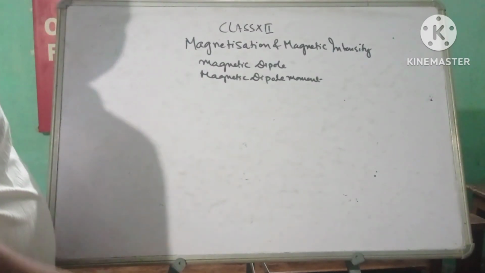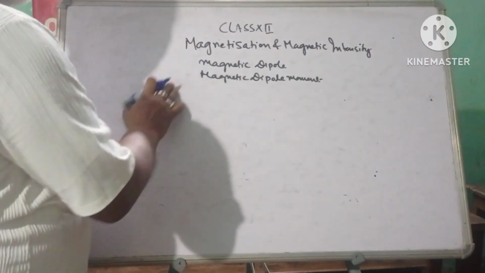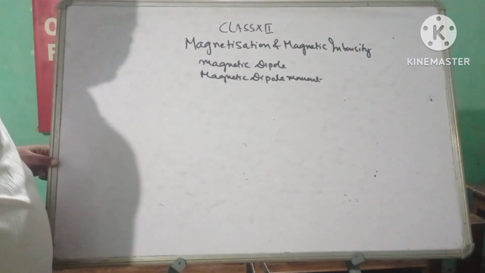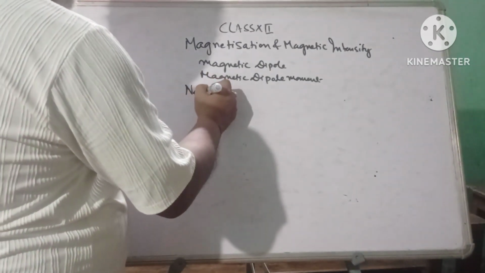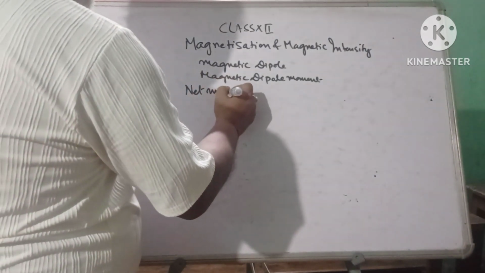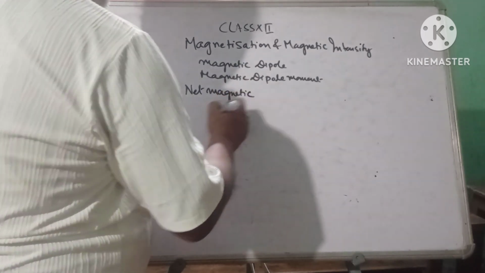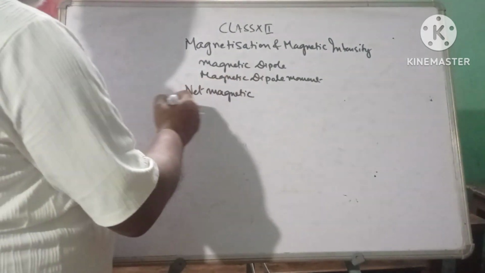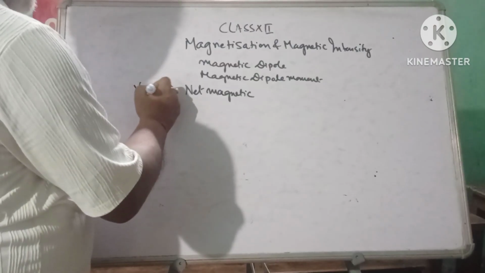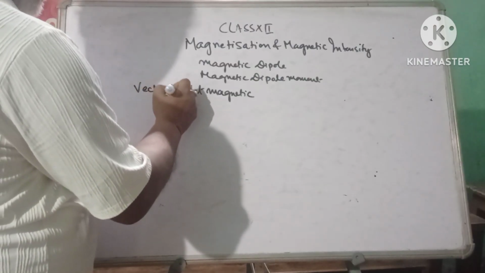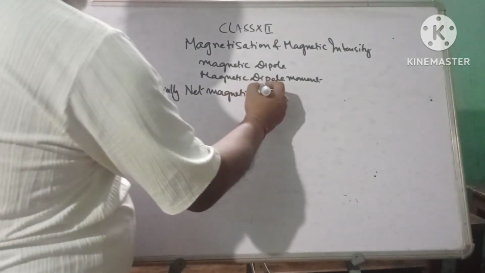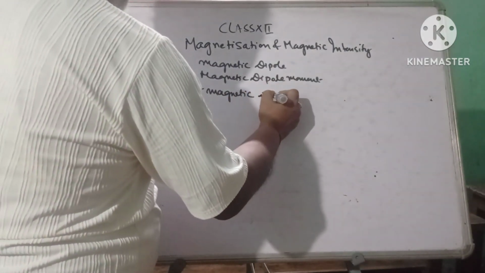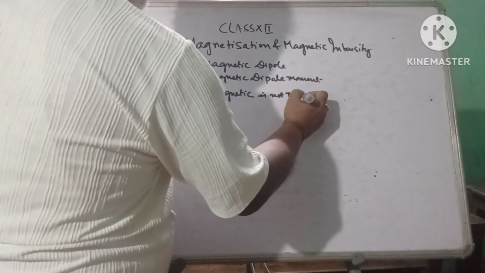Now if you consider the whole material and add all these magnetic moments vectorially, the net magnetic moment is not zero.